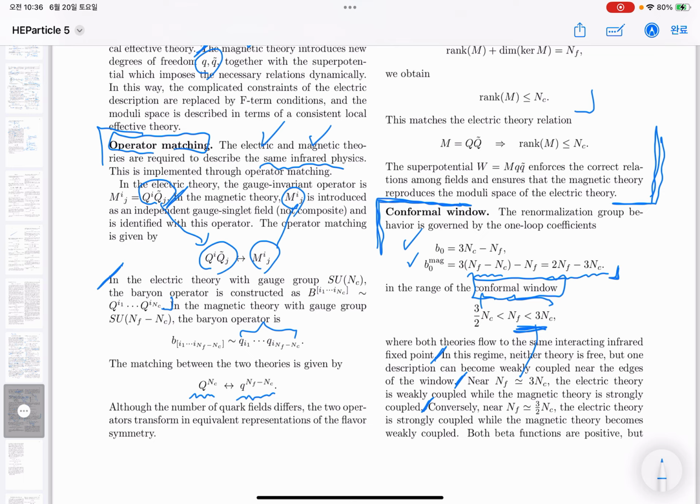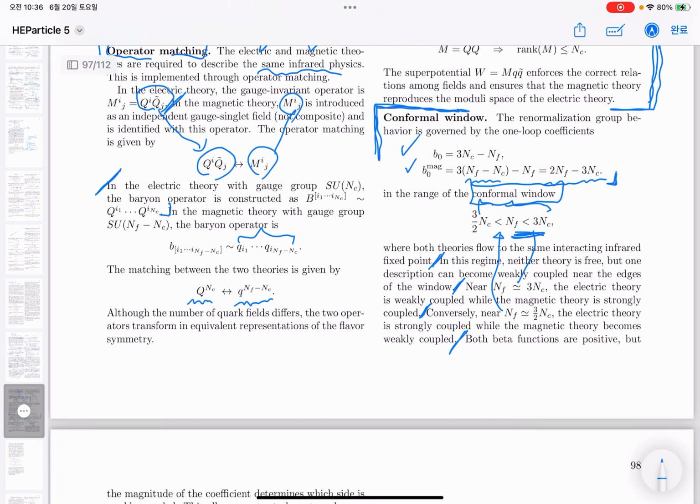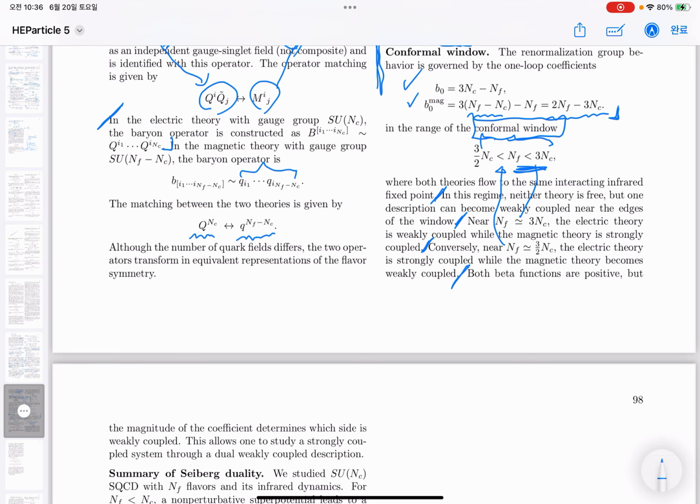But if the condition satisfies that N_F is near 3/2 N_C, then the electric theory has the large coefficient, so it is strongly coupled, but the magnetic theory becomes weakly coupled. So in this conformal window, both beta functions are positive, but the magnitude of the coefficient determines which side is weakly coupled. So depending on the N_F size, near the upper inequality or the lower inequality, the strongly coupled systems are quite different, and this allows the strongly coupled dynamics to be described by the dual weakly coupled descriptions.